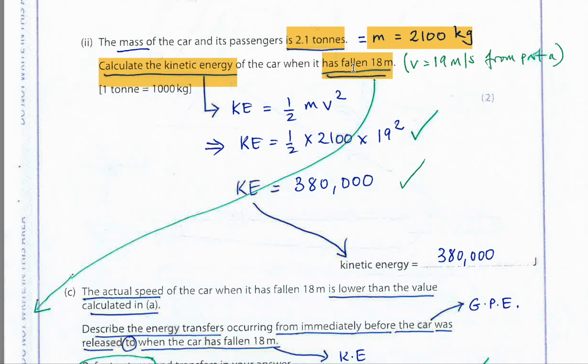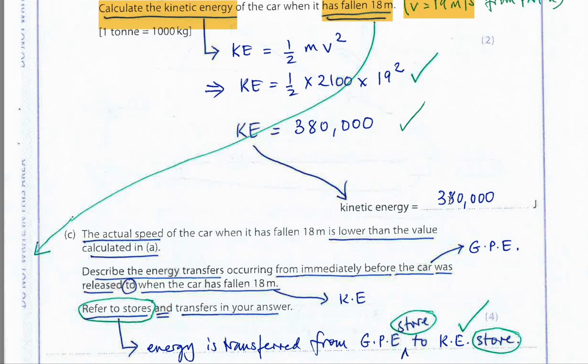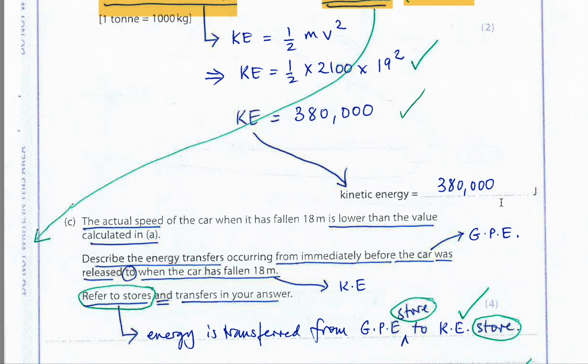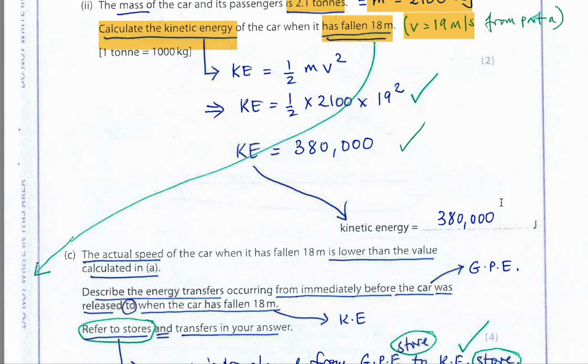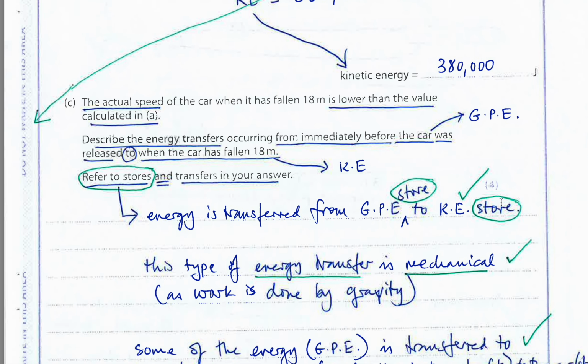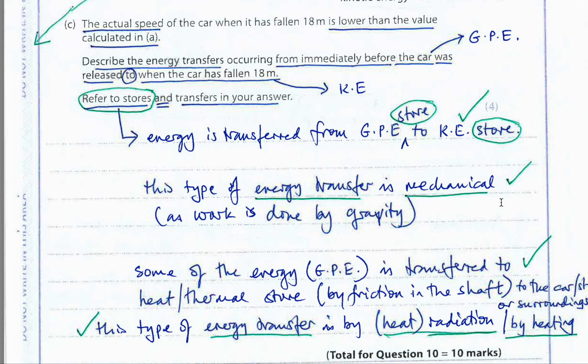When it's fallen 18 meters, remember we calculated that it would end up with a speed of approximately 19 meters per second in part A. You put the values in, so 2,100 for the mass, 19 from the previous part for the speed, square it, make sure you square it, you'll get 380,000, and you just have to write the answer down. They've given you the units already, and that gets you 2 marks, because the equation you got a mark for in the earlier question.